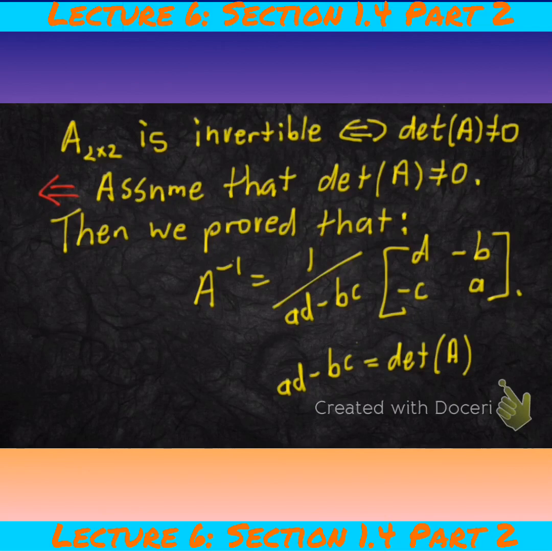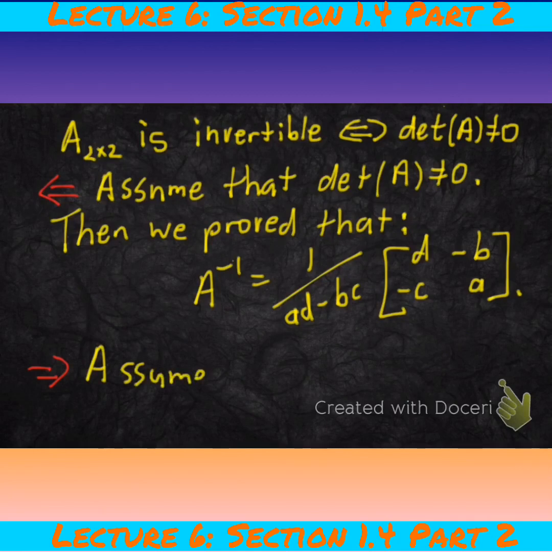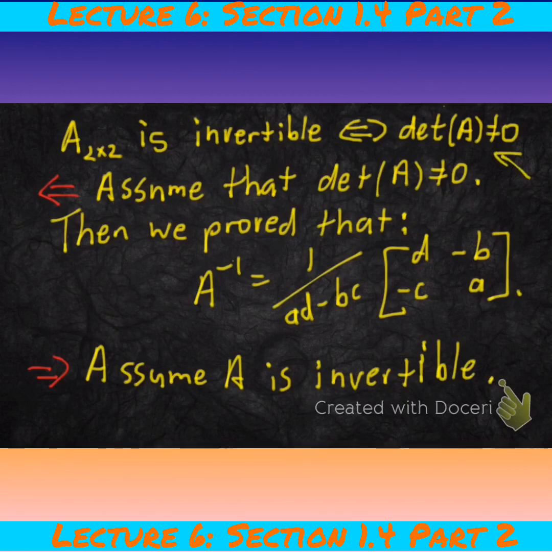Right, so now proving from left to right, what we now do is we assume A is invertible. And now we need to prove that the determinant of A is not 0.